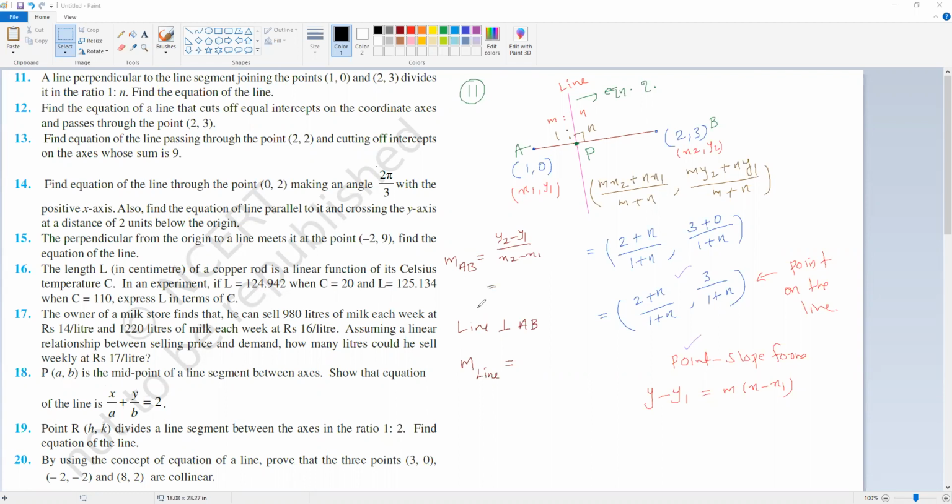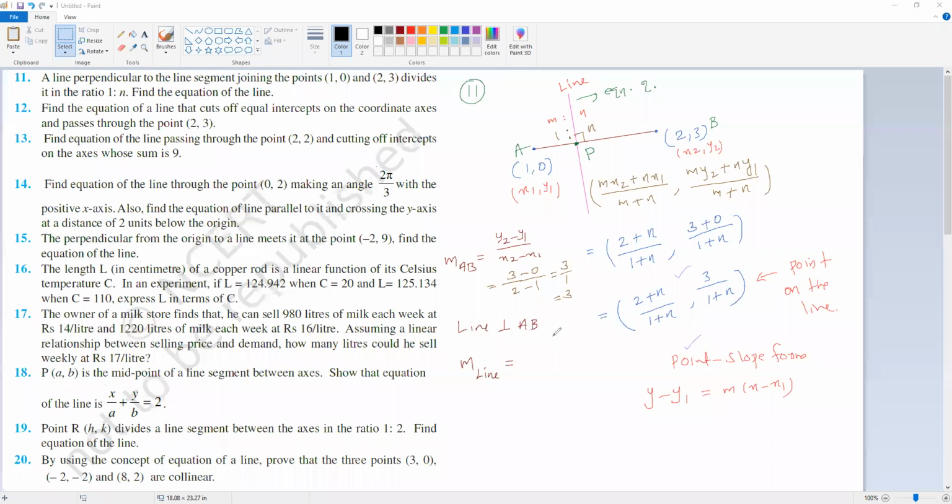So the slope of AB is (3 minus 0) divided by (2 minus 1). 2 minus 1 is 1. So 3 divided by 1, which is equal to 3.